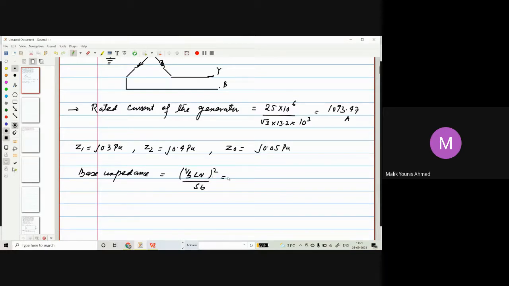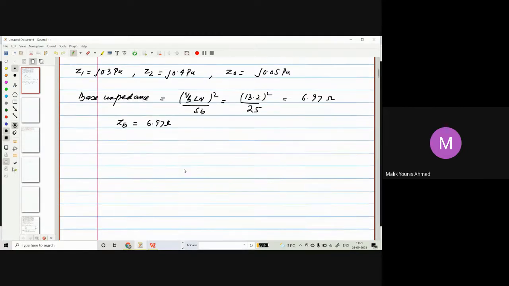That is 13.2 squared divided by 25, which is 6.97 ohms. So Z base is 6.97 ohms.